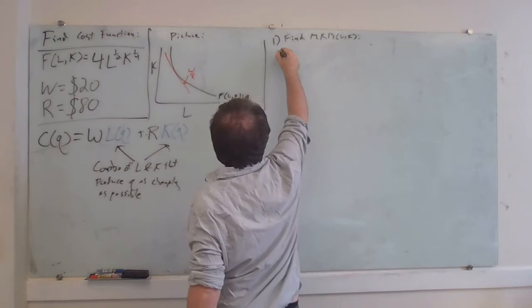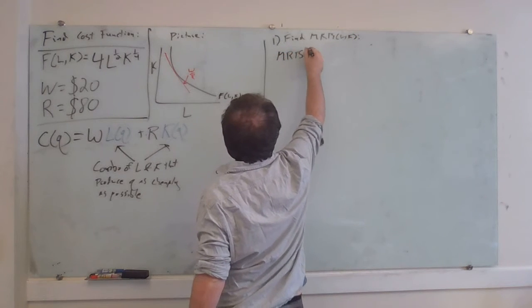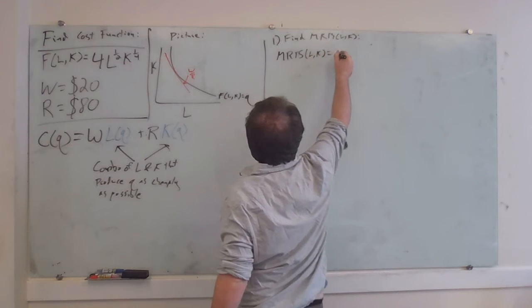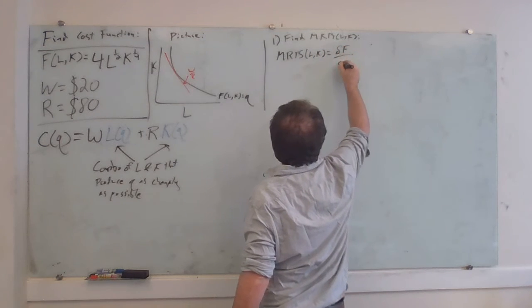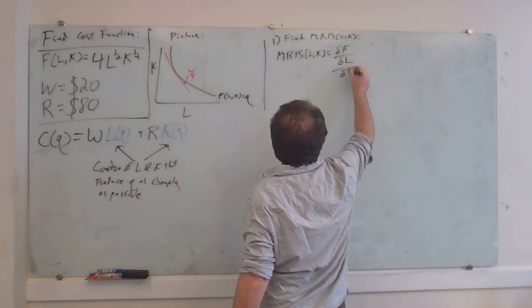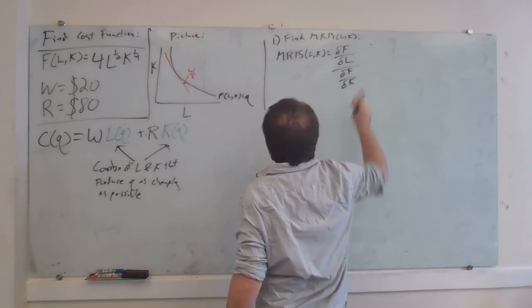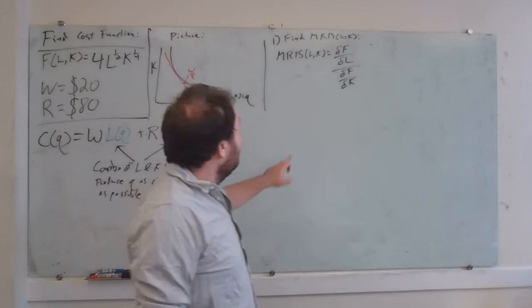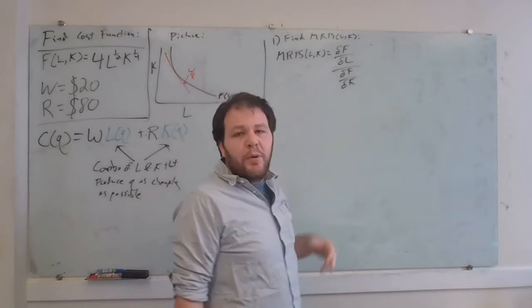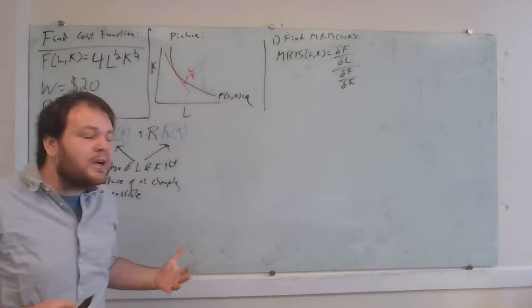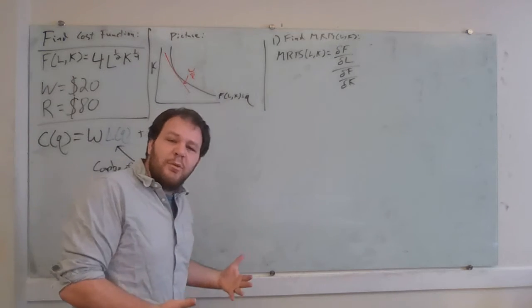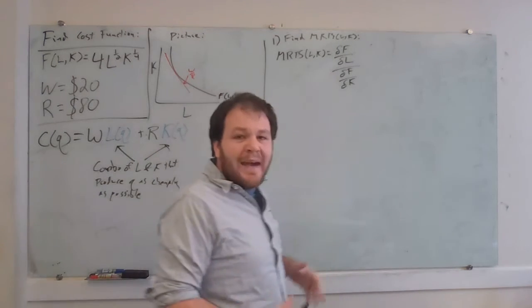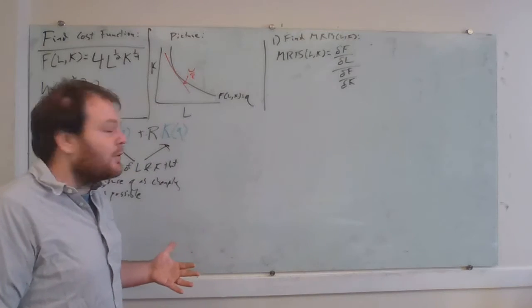So we can say our MRTS, in terms of L and K, is going to be dF/dL over dF/dK. Right? How much capital does it take to replace a worker? That's going to be the productivity of labor over the productivity of capital. The more productive workers are, the more capital it's going to take to replace a worker. The more productive capital is, the less capital it's going to take to replace a worker.